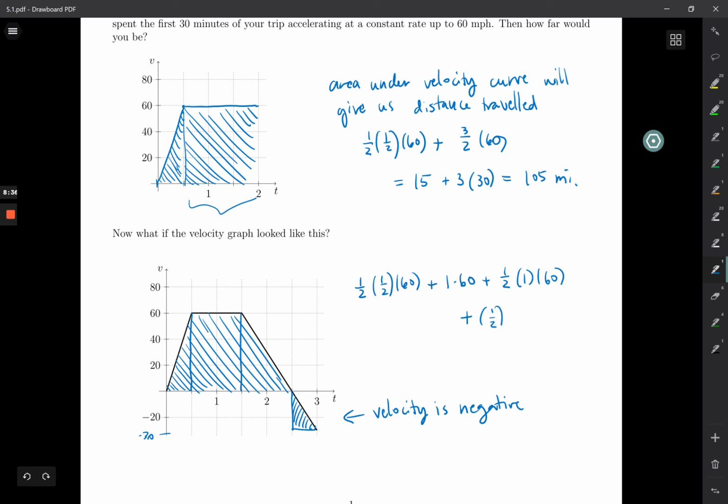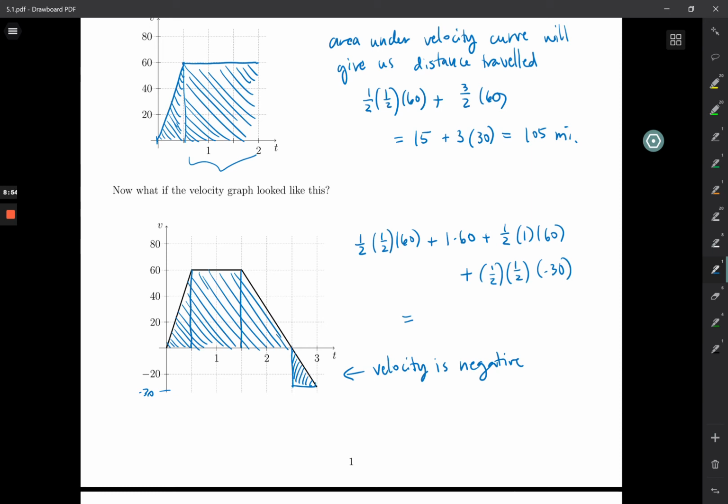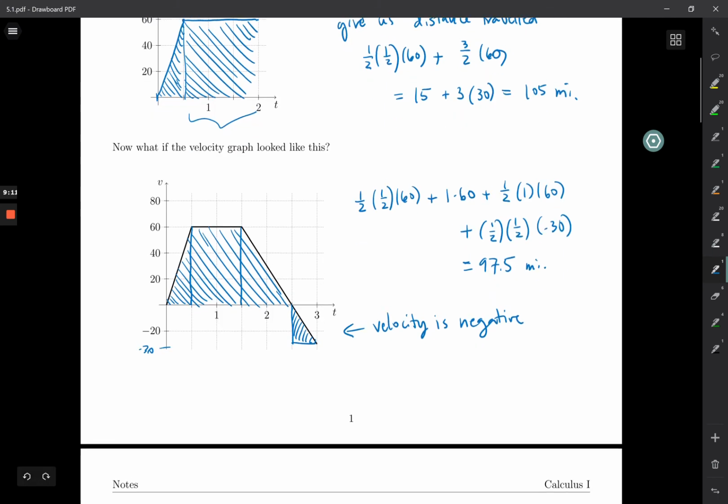So we take 1/2 times the base, which is 1/2, and our height, like we said, is negative 30, and then that will give us our distance away from your house. Okay, so I will go ahead and just give you the answer for this one instead of computing it. If you work this out, it should give you 97.5 miles.